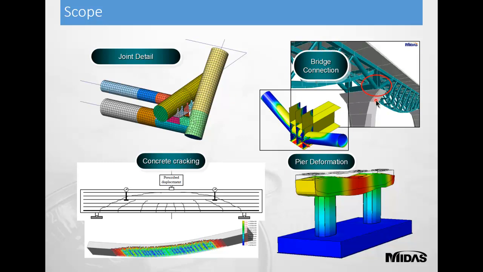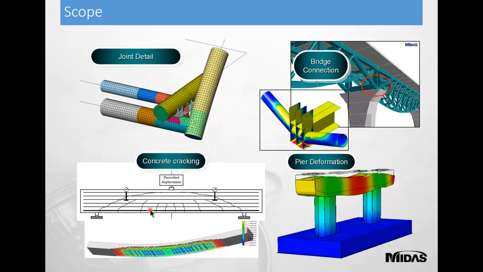Next, in the bridge connection, generally the steel trusses are resting over the pier cap. You can see over here, at that location there is big stress concentration, and hence to get these stresses and identify if they satisfy the stress limit or not, we have to go for a finite element model.